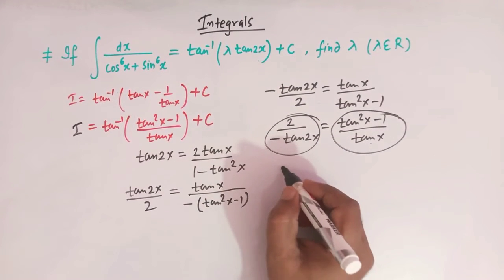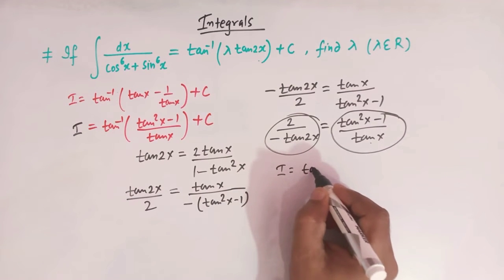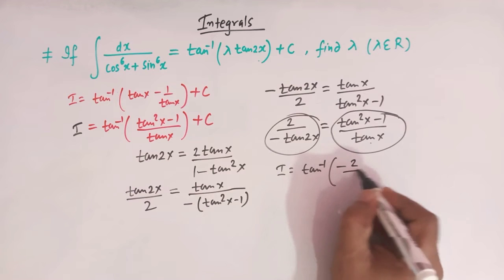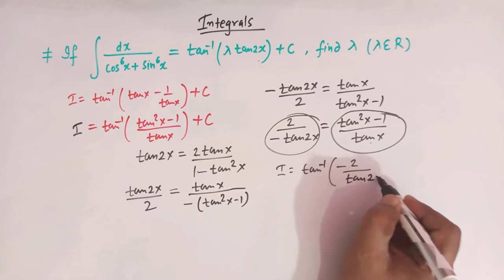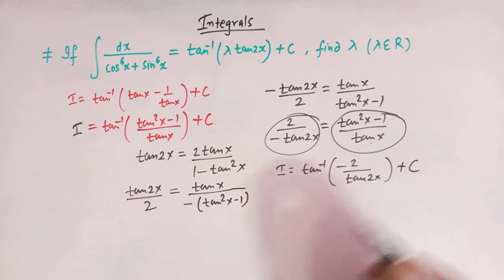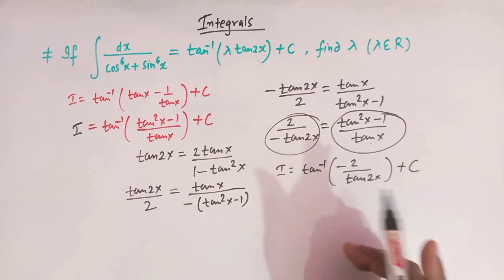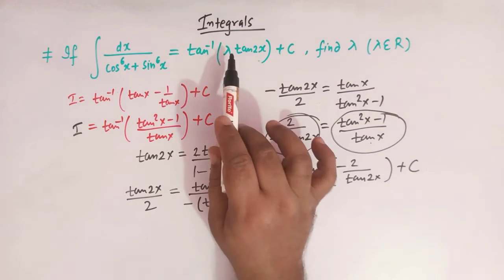So now I can be written as tan inverse of minus 2 over tan 2x plus c, right? Okay, so now we have obtained this result, and still this result is not similar to this one.